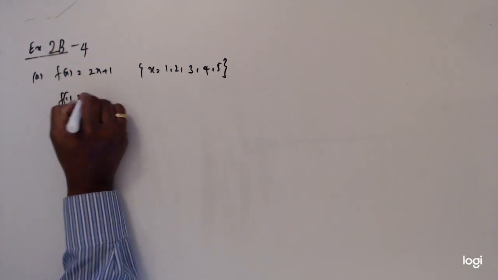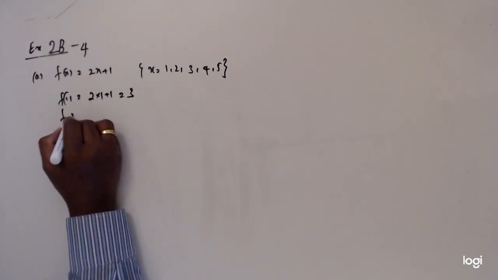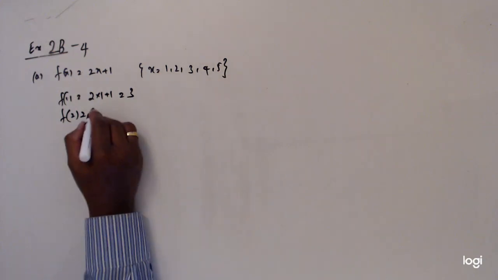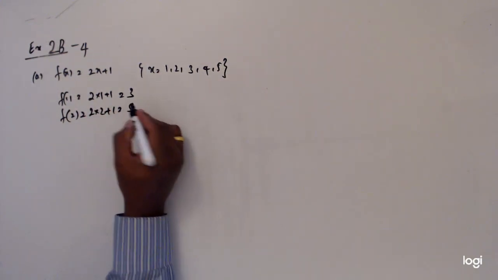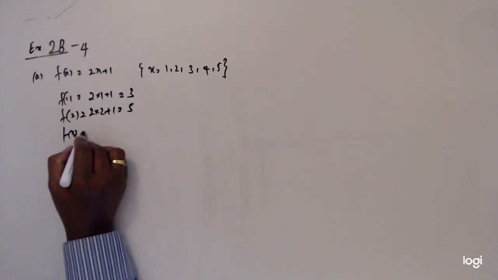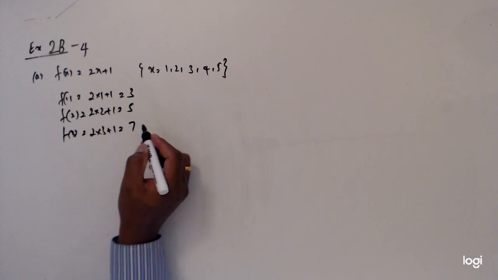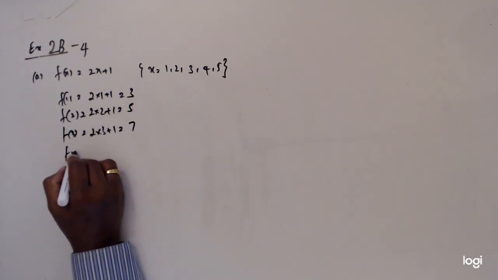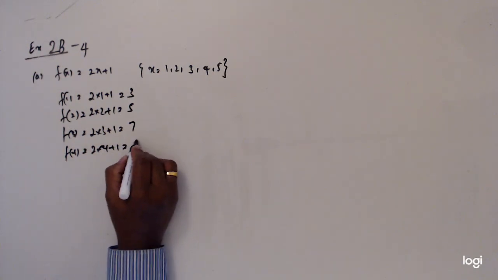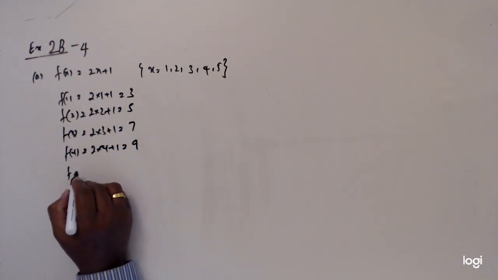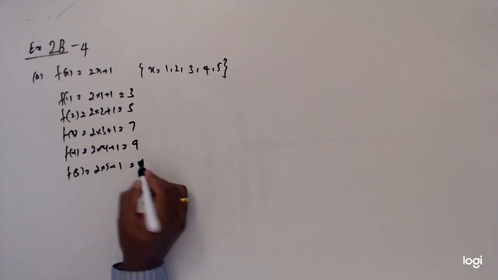So f(1) equals 2 times 1 plus 1, 3. f(2) equals, this is the domain given, 2 times 2 plus 1, 5. f(3) equals 2 times 3 plus 1, 7. f(4) equals 2 times 4 plus 1, 9. f(5) equals 2 times 5 plus 1, 11.